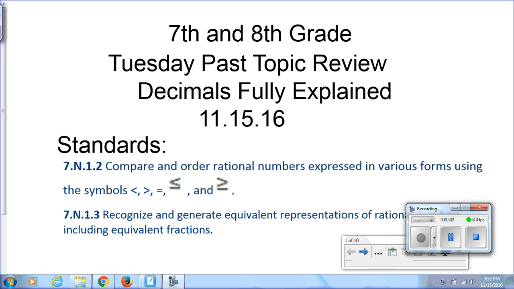Okay, so today is Tuesday, 11:15, and keeping with our theme of Tuesday, Wednesday, and Thursday being past, present, and future, we're going to review decimals and numbers that have decimal places.